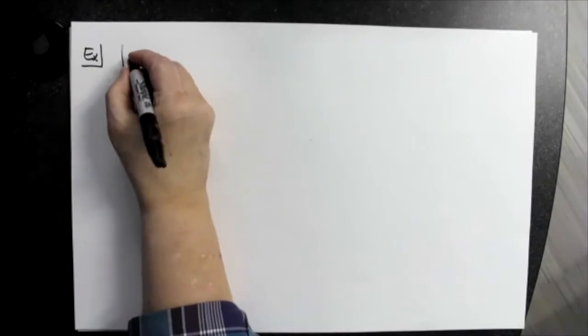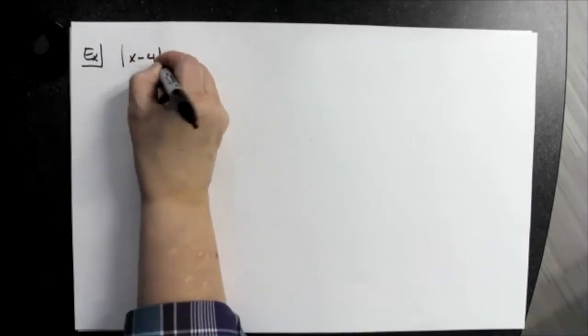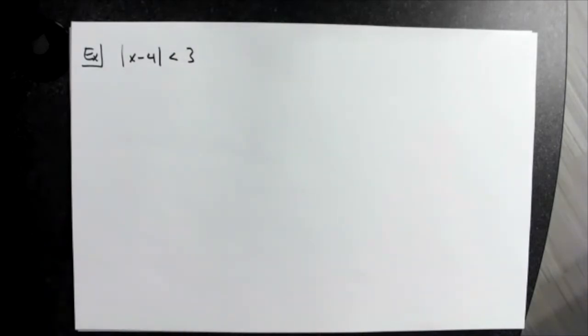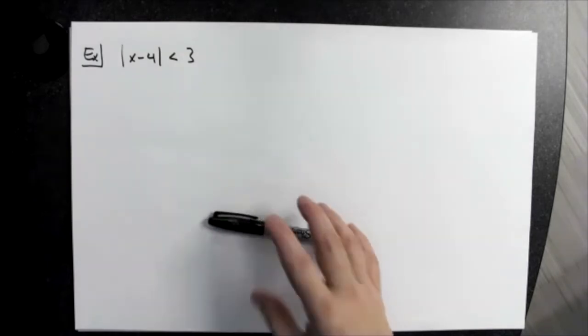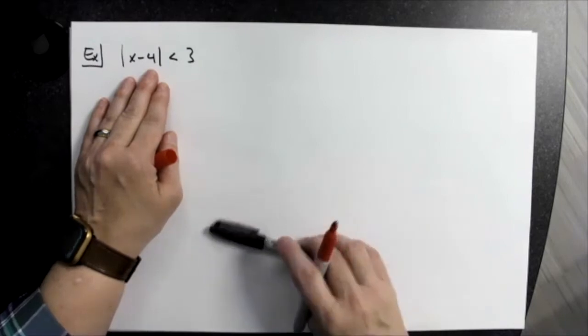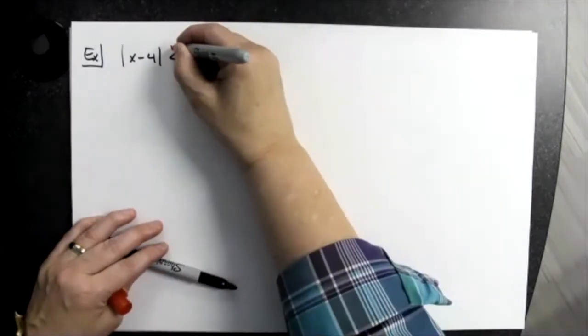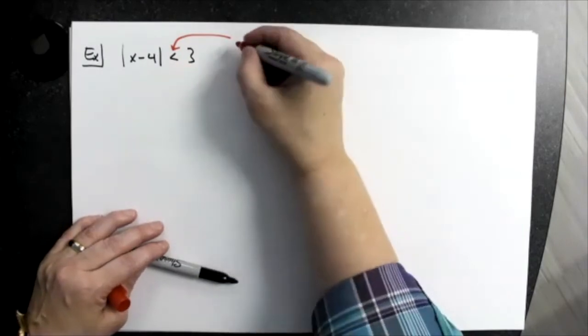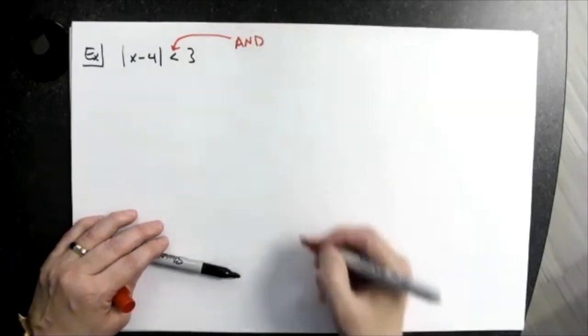We're going to start out with really simple ones first, and then we'll work our way up to more challenging ones. So let's say the absolute value of x minus 4 is less than 3. This one's going to be a pretty straightforward one. Now if you want to do the memorizing, the absolute value bars are already isolated, which means I can look right there at the less than, and I know right away it's going to be an and.